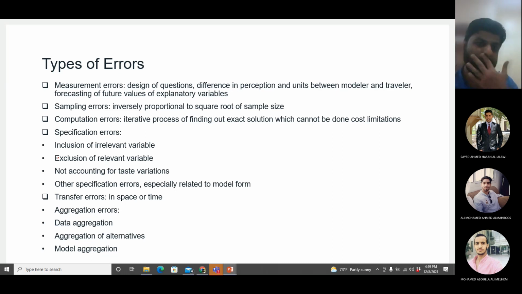Or let me give you an example. I was doing a questionnaire survey for people who travel on the causeway, right? And I was asking them the time of their trip, and some of them answered 2 days.